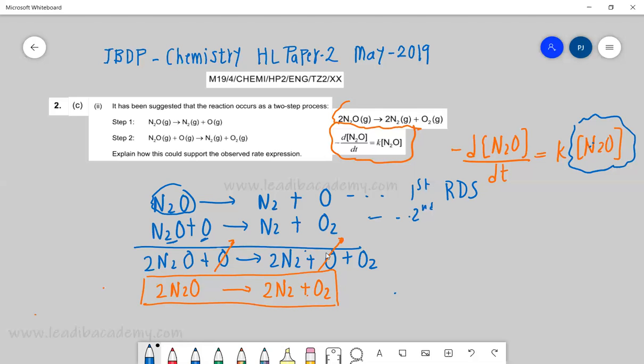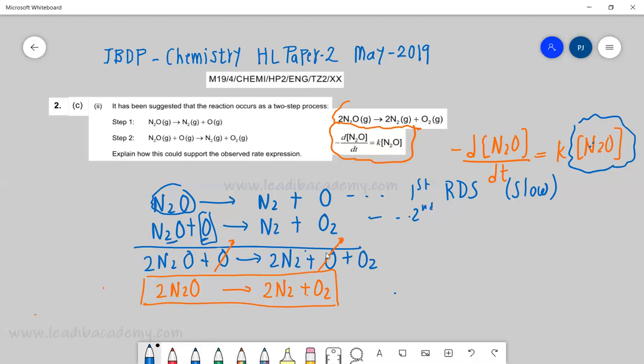It clearly states that the first step is the RDS, which determines the rate. That means it has to be a slow step. Very, very simple. Why? Because from the rate expression, there is only one reactant molecule, N2O, that is involved. And in the second step there are N2O plus the nascent oxygen, but no nascent oxygen is involved as per the rate expression.